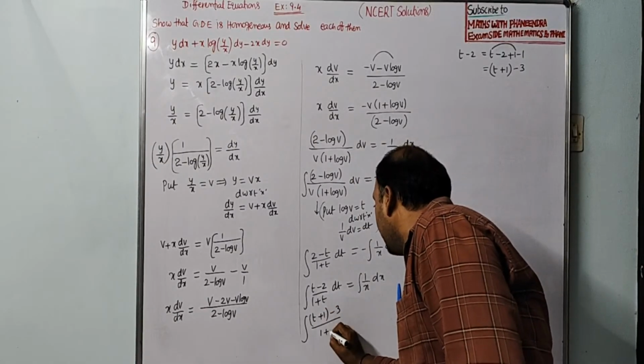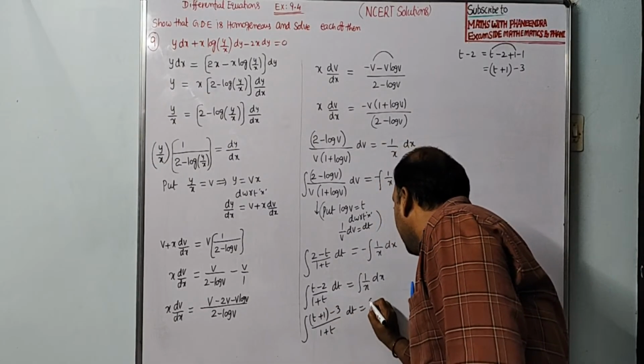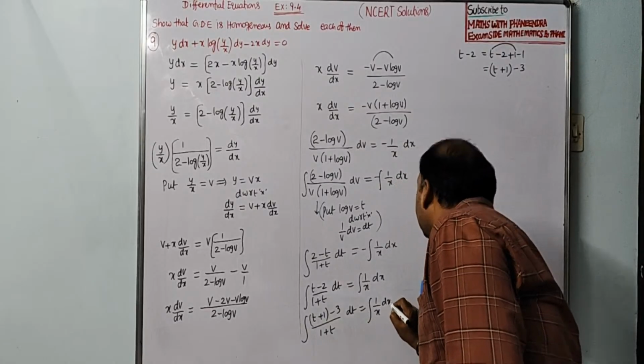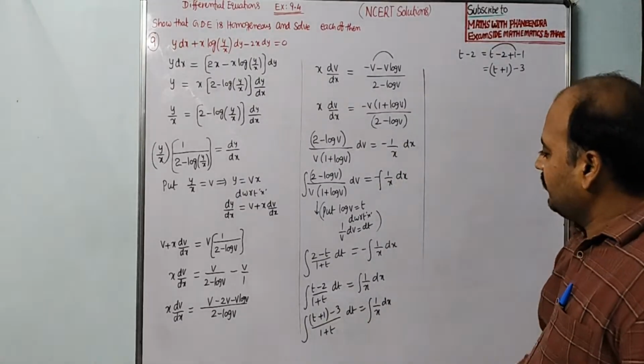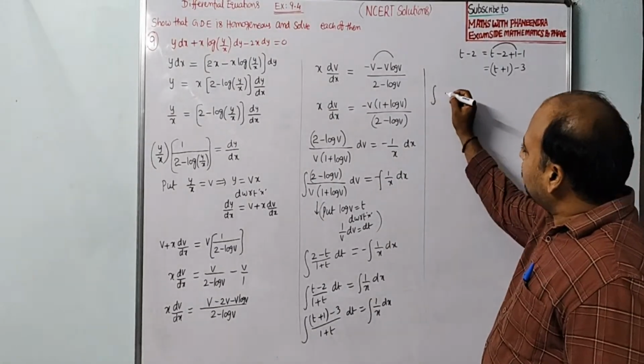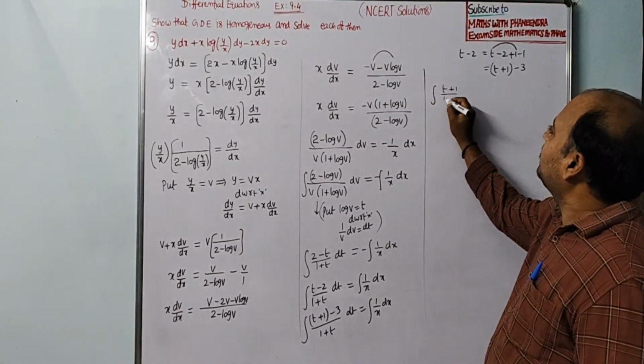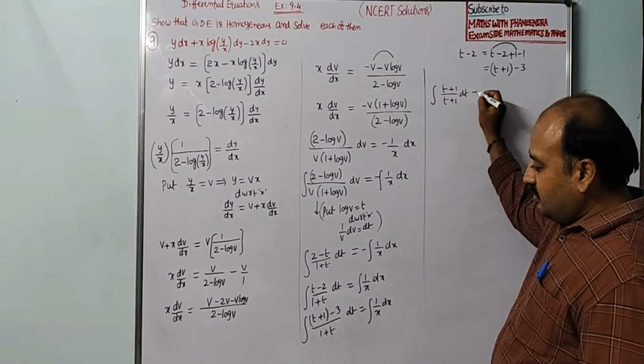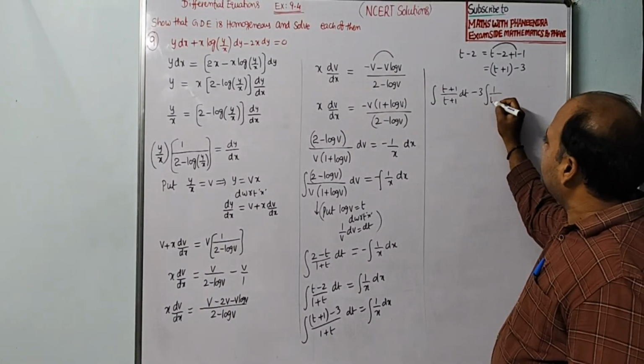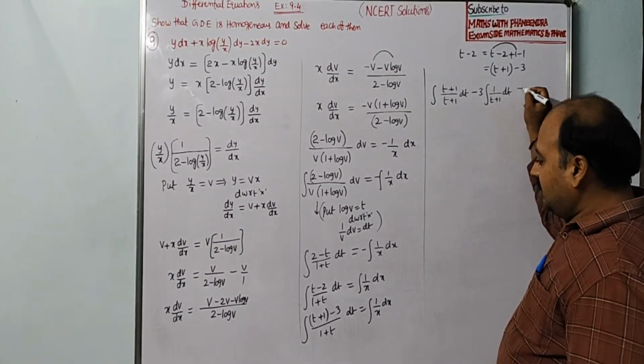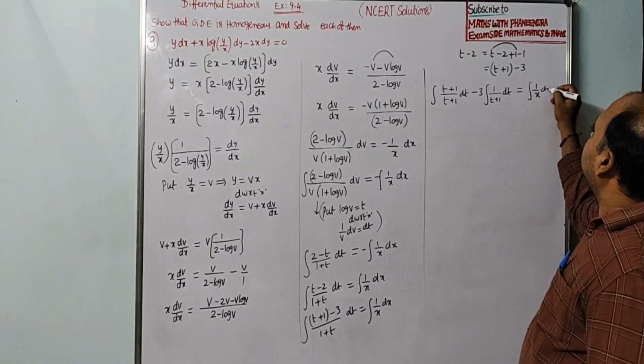Integral (t plus 1 minus 3) divided by (1 plus t) into dt equals integral 1 by x into dx. This is the way we can do it. After that we can split into terms: integral (t plus 1) by (t plus 1) into dt minus 3 into integral 1 by (t plus 1) into dt, equals integral 1 by x into dx.